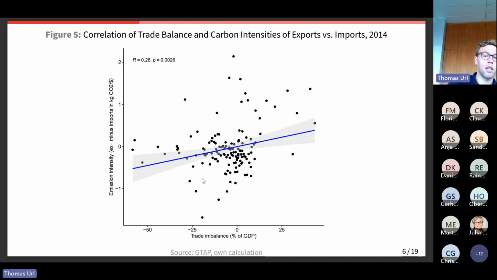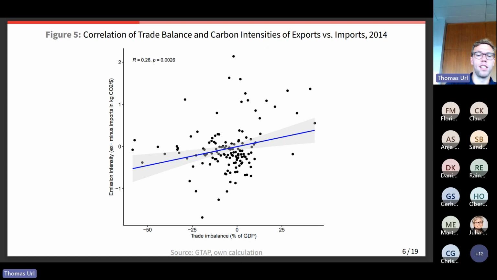Each dot represents one country, 140 countries from the GTAP database. On the x-axis you have the relative trade imbalance, and on the y-axis the emission intensity of their exports minus their imports. You see a positive relation, even though with a lot of noise.